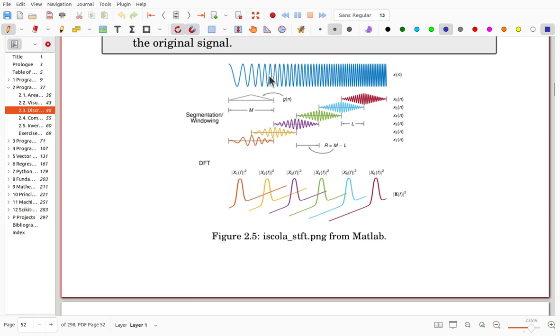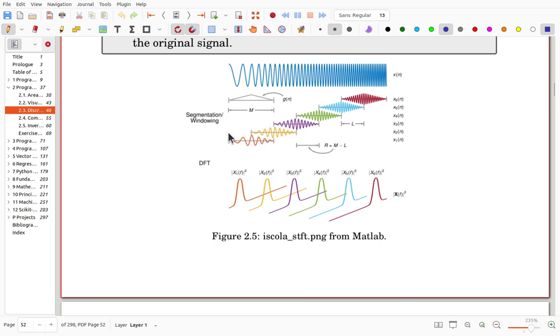This is the original signal having capital N samples. Now, in the beginning, we choose m samples. So here, we choose from here to there, m samples, and multiply this window function. This is the shape of a hat, and after multiplying the window function, we'll have this signal.